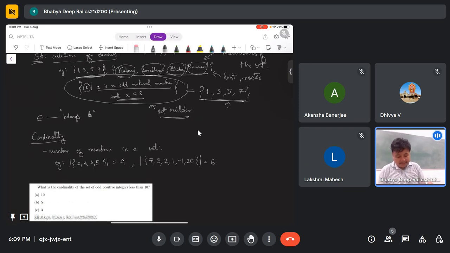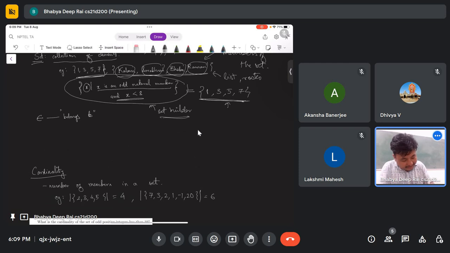Another important notation that you will see being used looks like an epsilon symbol, and this shows belongs to. For example, in this set, 1, 3, 5, 7, which I will call set S, my question is: 3 belongs to S. Is this true?